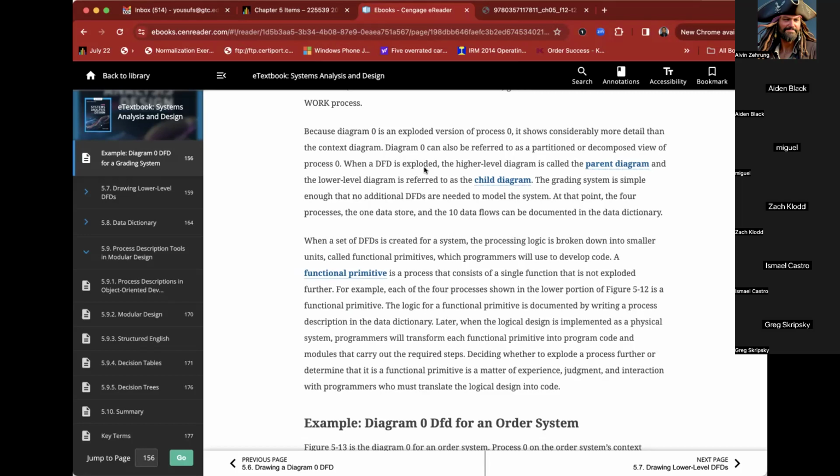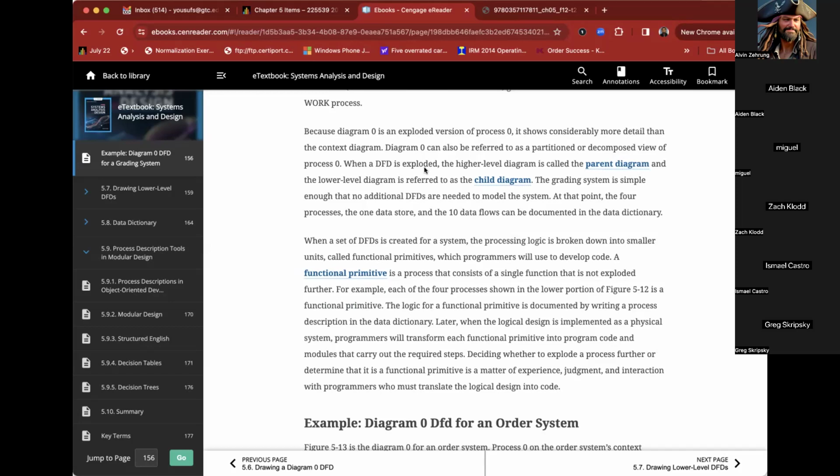Now, I'm trying to link this to your programming knowledge. So when you say, okay, I cannot further explode it, that's the dead end of this process. This process is now at a point where it is a single unit of work. So when the designer for the programmer takes this, they can say, okay, let's pseudocode this or let's flowchart this now, because it cannot further explode.